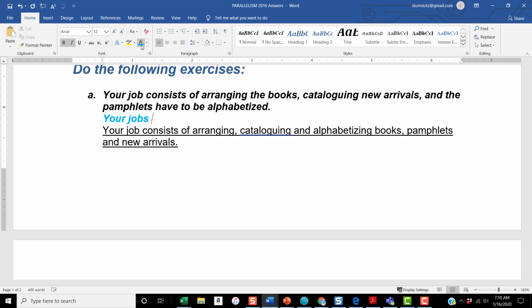Your job consists of arranging, cataloging.